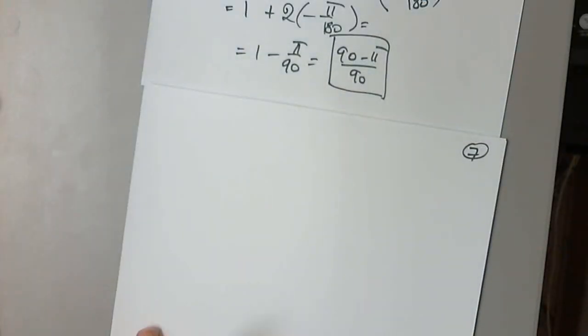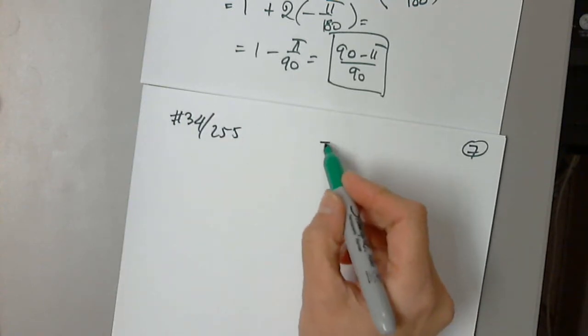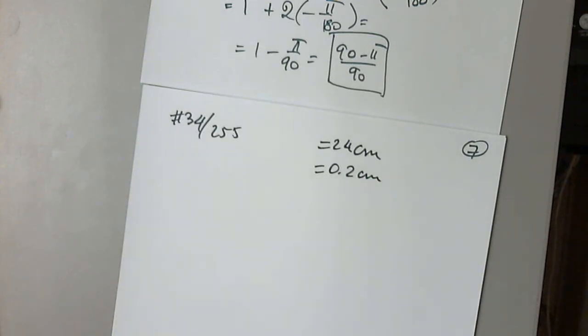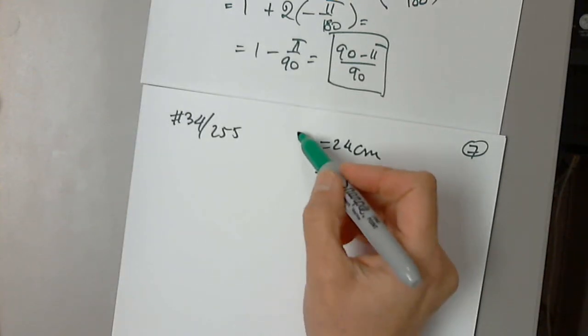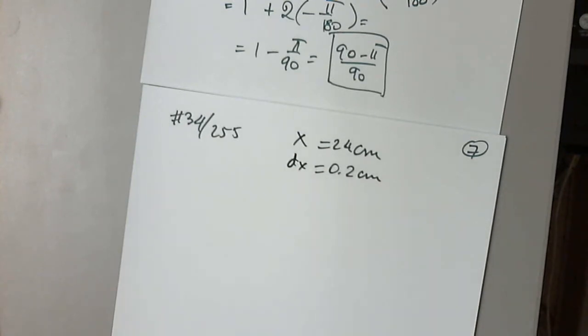Something is 24 centimeters and something is 0.2 centimeters, and I am waiting for you patiently to identify what they are. X. And, of course, absolutely. So the radius of the disk is 24, and the minor change is 0.2. Okay, let's see what they want next.